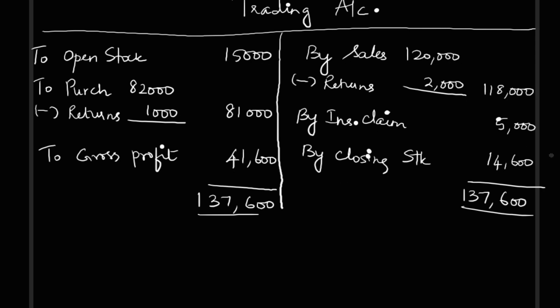And then by closing stock, the balancing figure is 41,600, which is the gross profit that we have arrived at. So this gross profit will again be transferred to the profit and loss account.